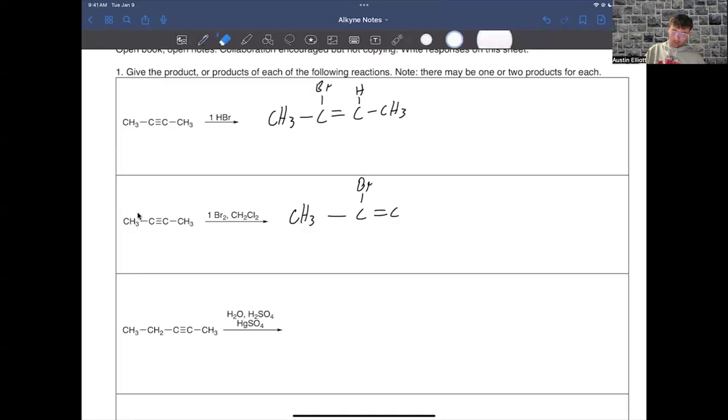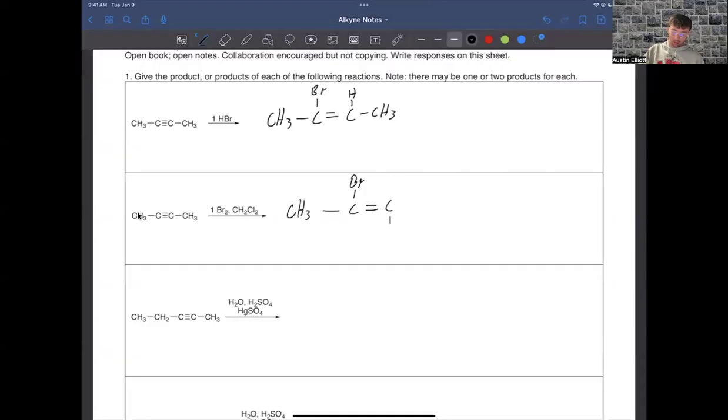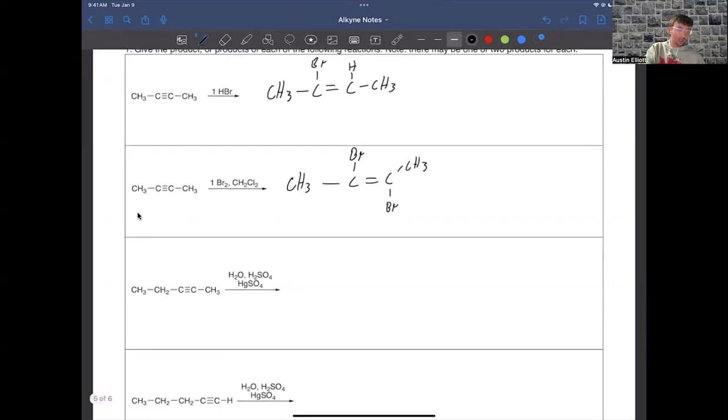One bromine there, and then each one gets one because it's anti-addition. So do not forget that, once again, anti-addition for this reaction, very important.